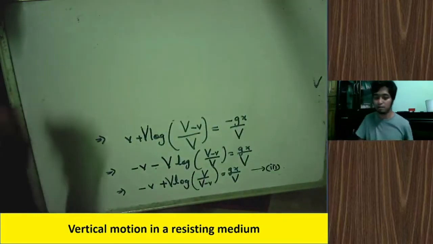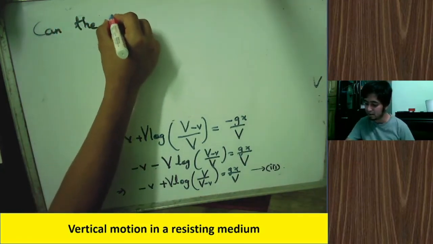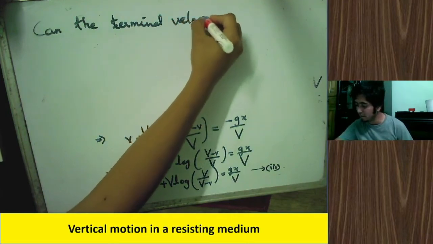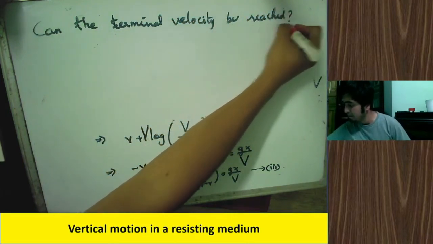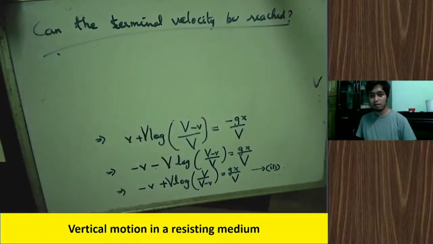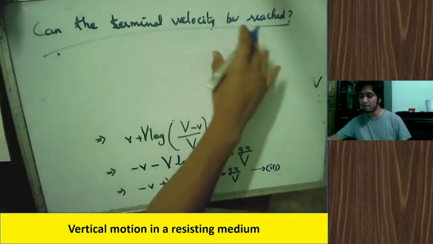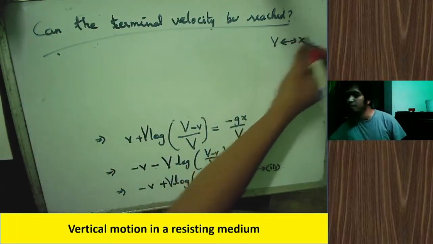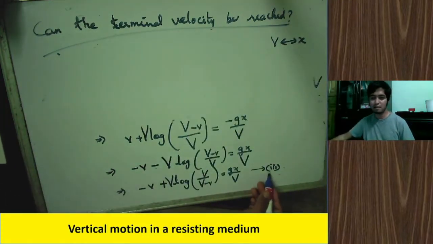Now the only thing that we have to solve is this: can the terminal velocity be reached? For this, always remember, if you see this question, first you have to find a relationship between v and x, which is this number 3.